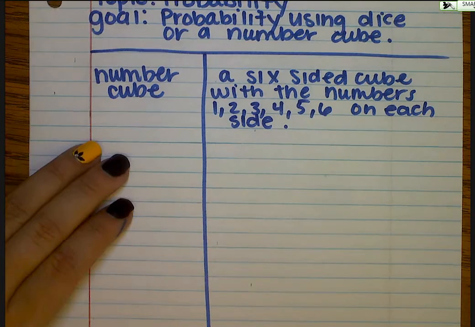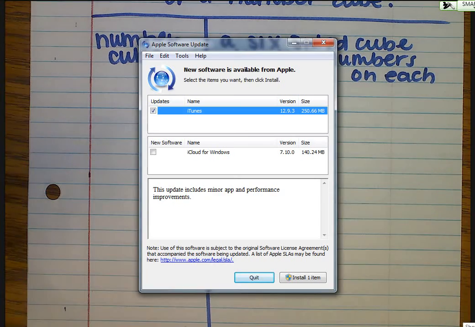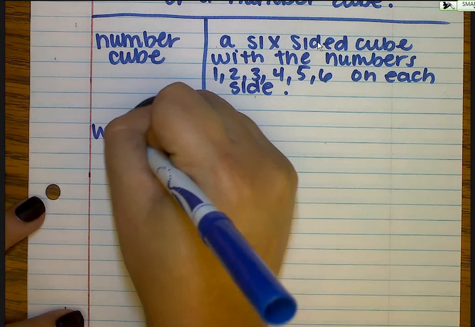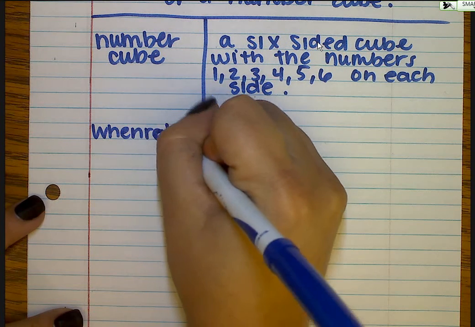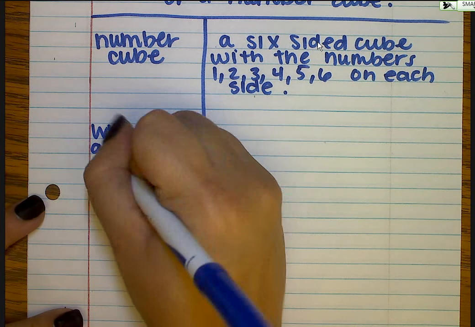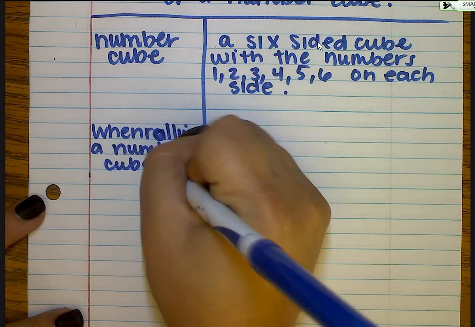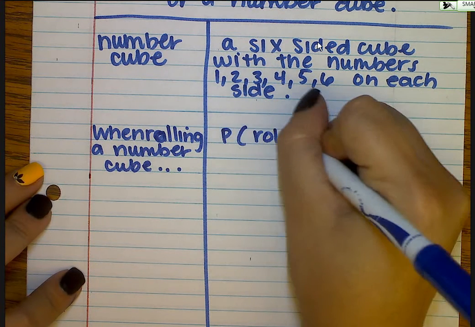So when we're talking about probability using a number cube, we're going to say something like, when rolling a number cube, what is the probability of rolling a 4?